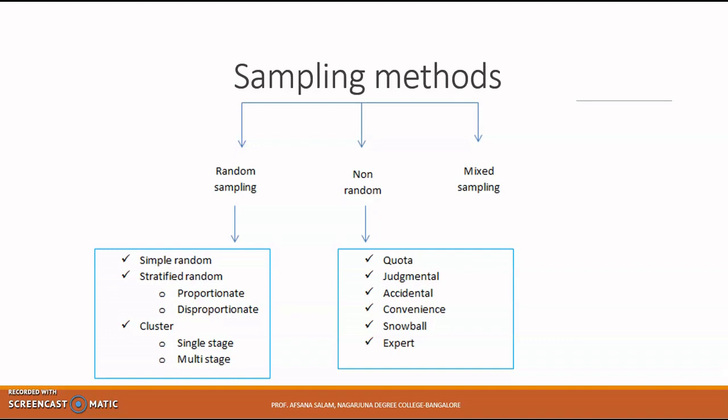Today you have to submit a questionnaire for your attendance, and when you come for the next session, you need to have a sample using any of the sampling methods. One, submit a questionnaire today. Second, collect a sample of 30 minimum for your selected research area. Okay, thank you.